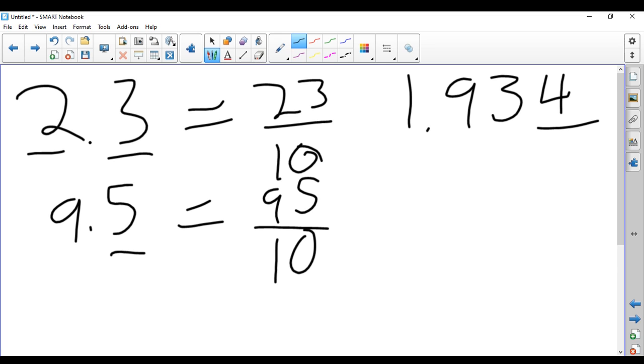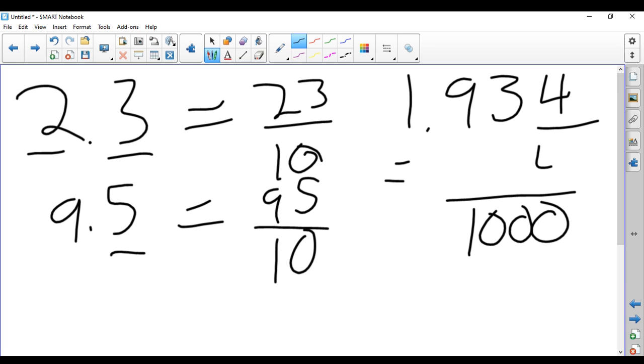So that 4 is our smallest digit. The thousandth is the smallest place value, which means that my fraction will be out of 1,000. And then I'm going to have 4 thousandths, of course. No, then I have 34 thousandths. I have 934 thousandths. But no, what's more is I have 1,934 thousandths.